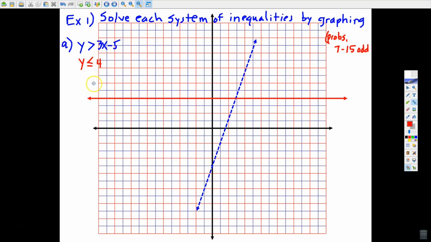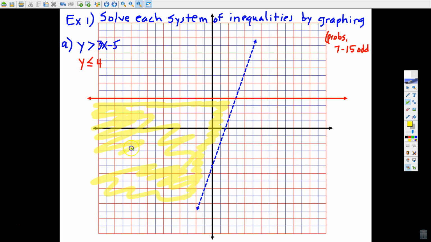We already talked about that. But we need to combine that with the shading for the other inequality, y is less than or equal to 4. The less than side for the red line would be below. So the solution is indicating where these two shadings collide. Greater than for the blue and also less than for the red. So we're talking about this area that I'm shading in yellow.